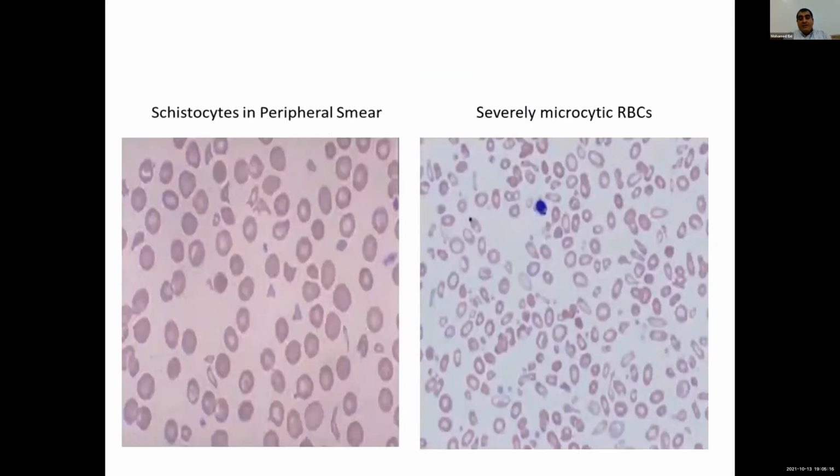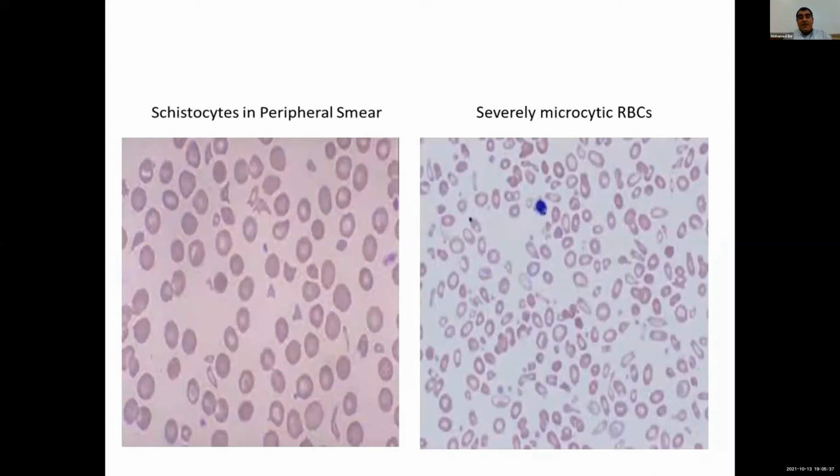On the right side, this is a case of beta thalassemia major. The hemoglobin in this patient was 4.5 gram per deciliter, and we can notice the severely microcytic RBCs.